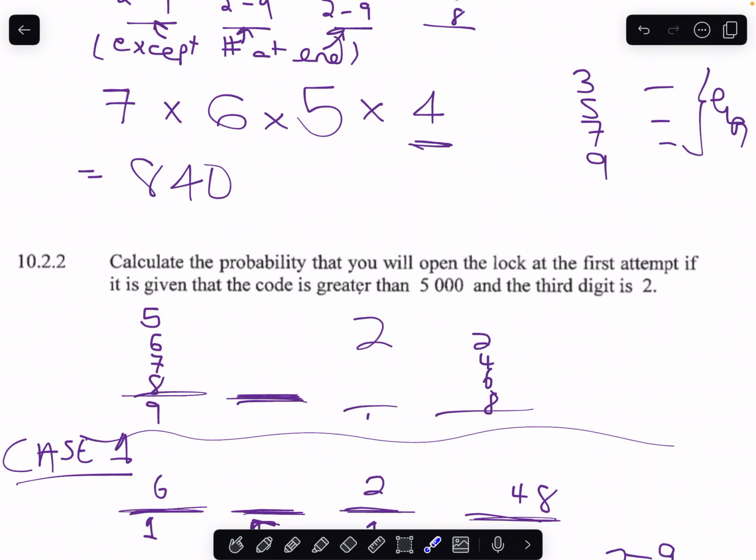So let's say it is known, not by me, the person trying to hack the lock, but just... What are the chances that, this is me really thinking out loud, the combination is a number that is greater than 5,000 and has the third digit being 2. I feel like that's what the memo is answering.